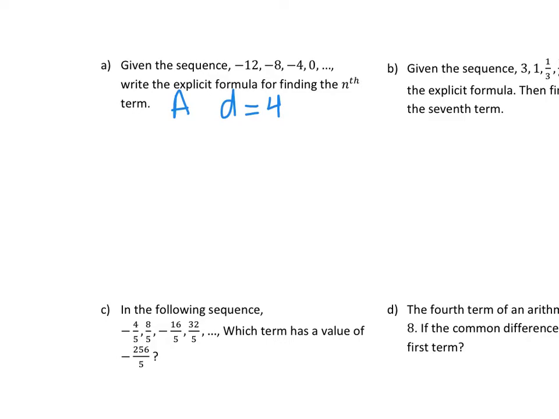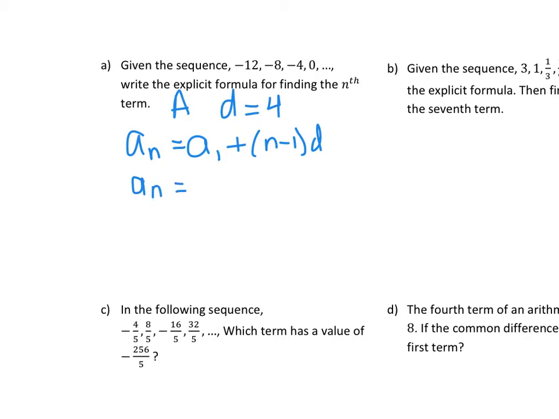So using your formula on the front of the sheet, we have a sub n equals a sub 1 plus the quantity n minus 1 times d. a sub n we're leaving, that's the nth term.